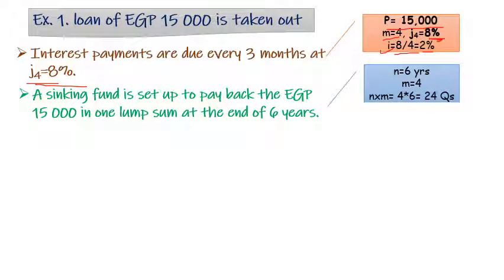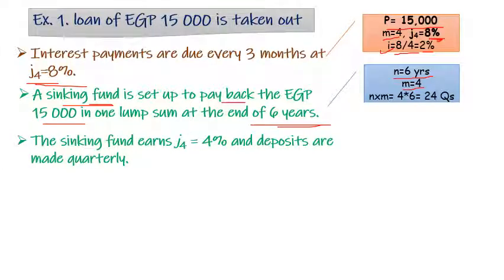The borrower will set up a sinking fund to pay back the 15,000 Egyptian pounds at the end of 6 years. So the number of years is 6, and the number of quarters per year is 4, so the number of periods over the term is 24 quarters.